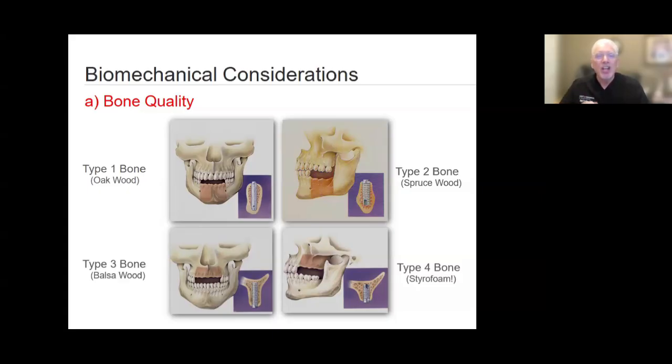In poor quality bone, you're going to need a longer time for the implants to integrate before you go to a final prosthesis or even a provisional prosthesis. So explain bone quality to a patient. Talk to them about their bone quality. Use phrases like oak wood, balsa wood, styrofoam, posterior maxillary, almost like styrofoam. They need to understand that. It helps them understand your treatment plan and the rationale for your treatment plan.